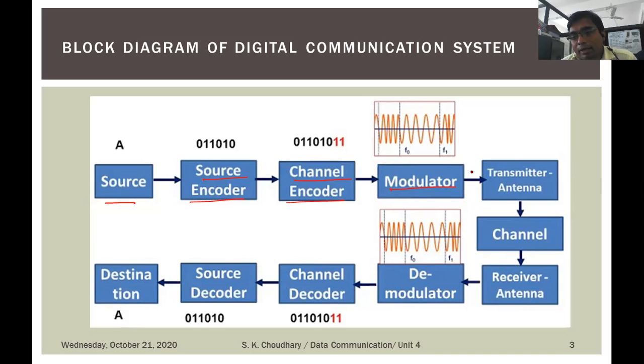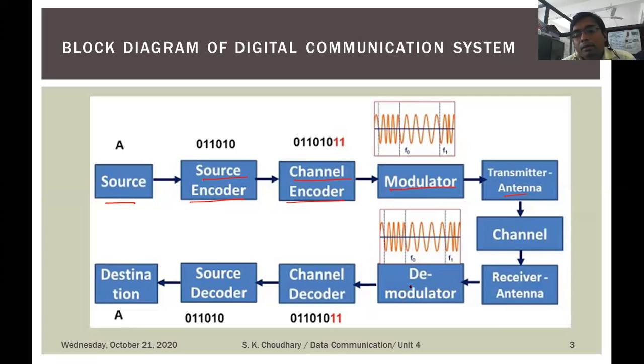And then finally the transmitter section would end, and from the transmitter antenna it would propagate on the transmission media, and the message would enter the channel, where some noise or some errors may be added, and finally the noisy signal would be received by the receiver antenna.